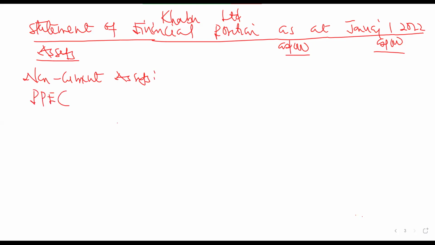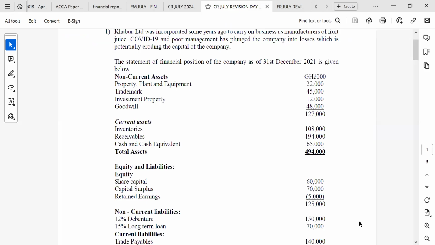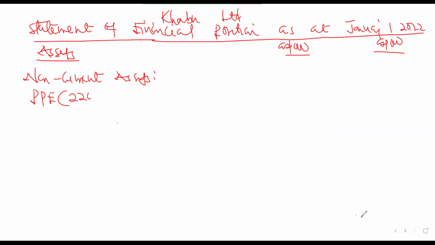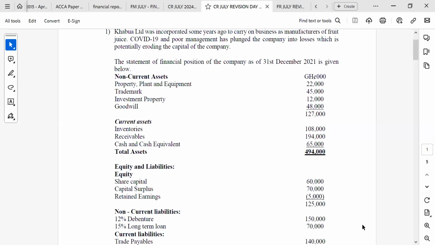What is the value for the PP? What is the carrying value? No, carrying value. The value that we have in the books. 22,000. You just bring the book value before. If there's any addition or subtraction, you come and subtract. They will mark this one and mark the subtraction also. So the next one is trademark. The trademark is 40.